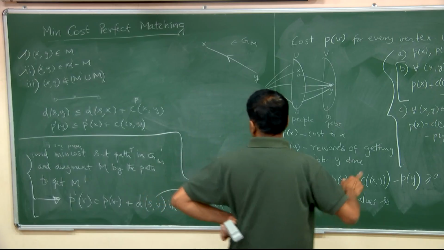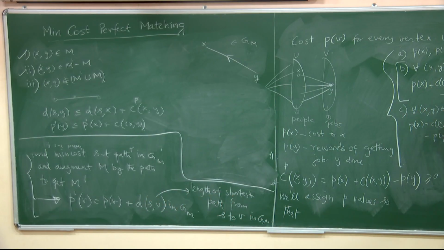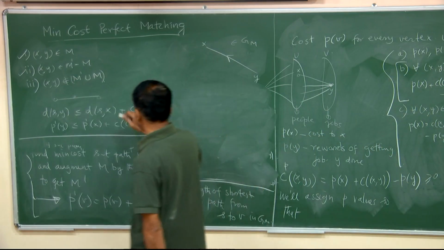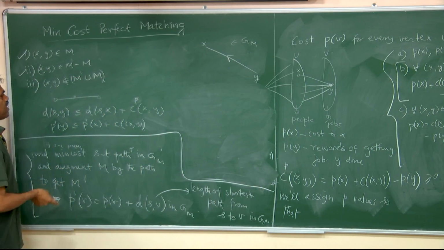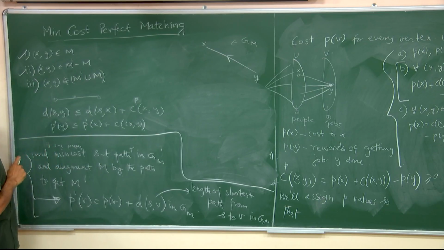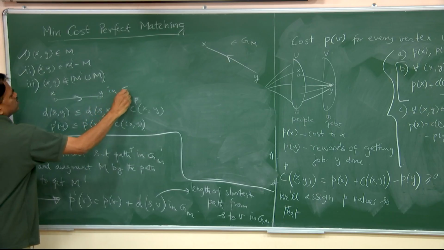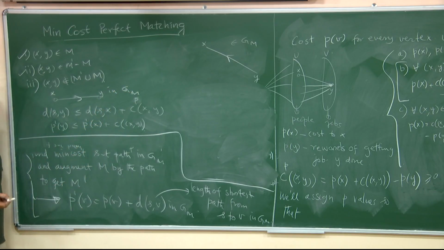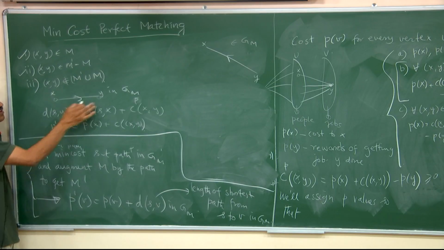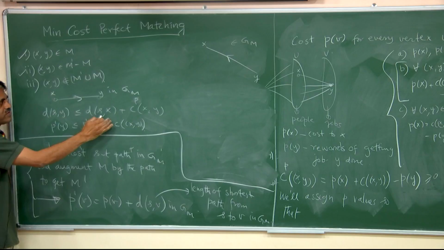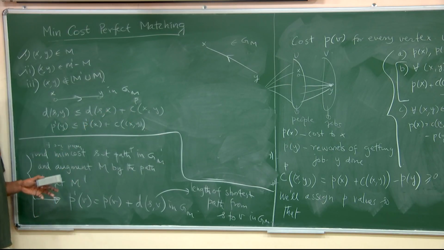I want p prime x plus cxy minus p prime y greater than or equal to 0. This is because, since xy is not in M, this edge would be in the residual network. So the shortest path from S to Y is less than or equal to shortest path from S to X plus cxy, simply by the property of the shortest paths.